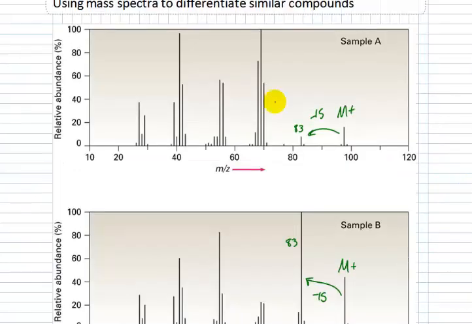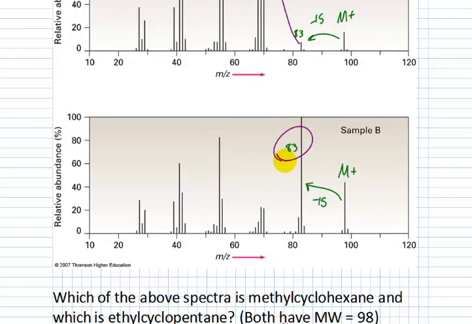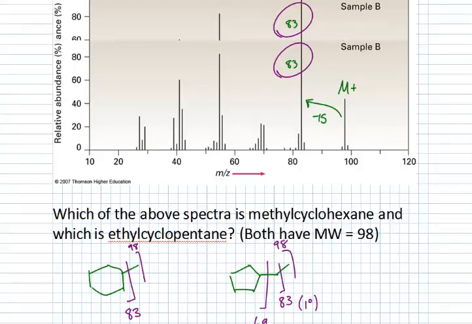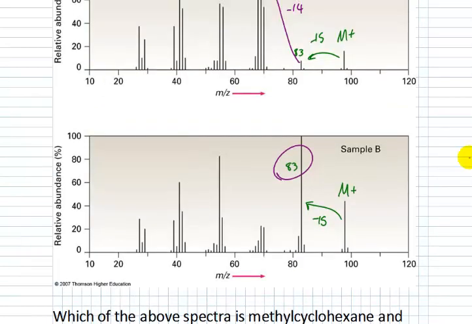But then, if I take away 14, I get 69, which is the base peak on that one. 83 was the base peak on sample B. So that makes it pretty clear to us that the sample B was the methyl cyclohexane.